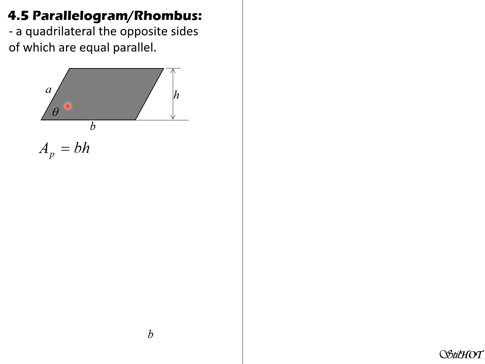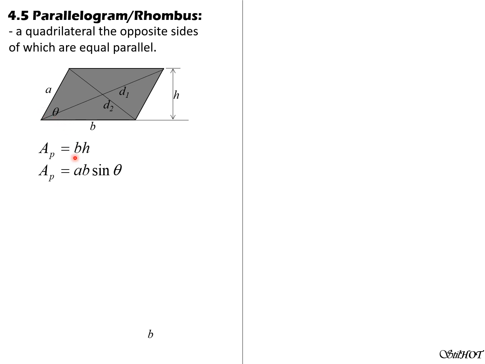So call that theta. That's also theta. This is also theta. Area of parallelogram is base times height. And if the height is replaced by, imagine this is the height, a sine theta, we have a right triangle again formed. Hypotenuse is a.